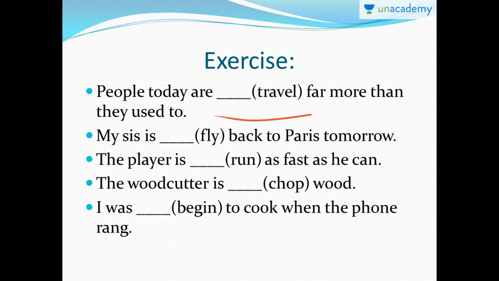Again, it is acting as a present participle, not as a gerund, because here it acts as a verb. Next one. The player is running as fast as he can. So here the running acts as a present participle. How is he running? Sorry, it acts as a verb and not an adjective. As fast as is the adjective here.